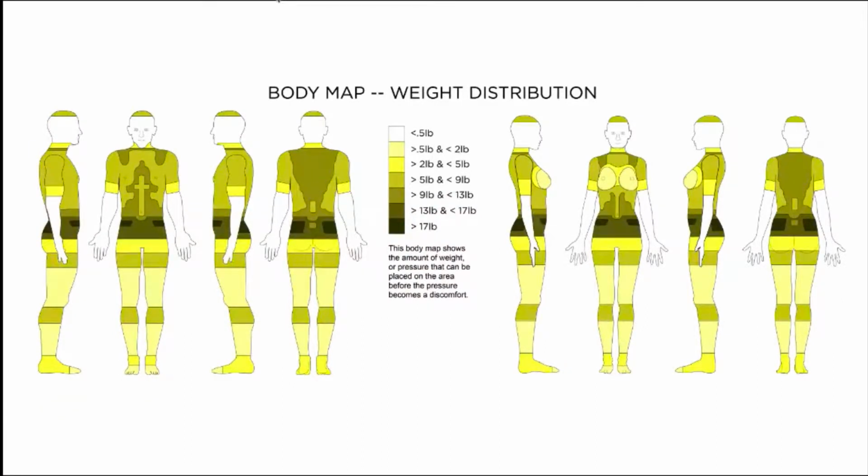Weight distribution is another area. This map is a combination of some military studies about load bearing on the body and where you can carry weight the easiest. I would say this map isn't as important today because a lot of the wearable tech that we're making is smaller because sensors are smaller.